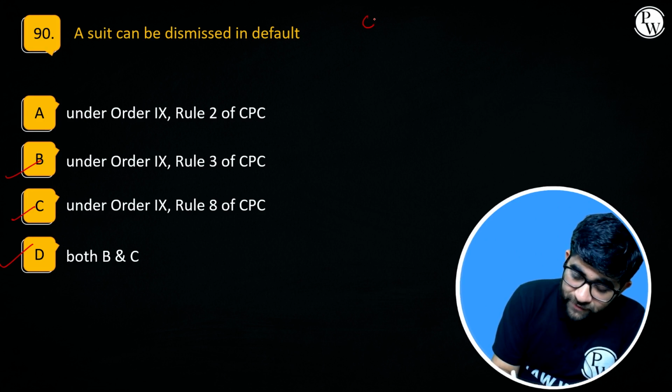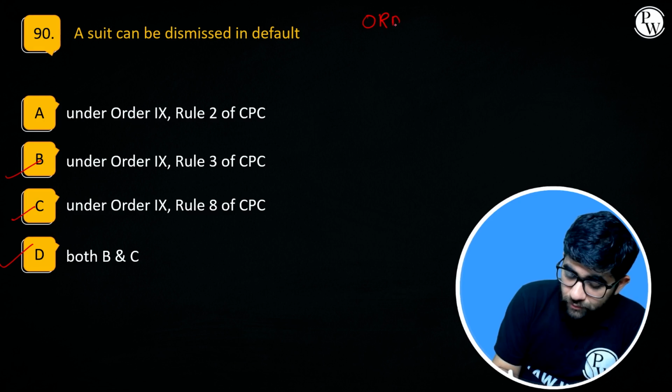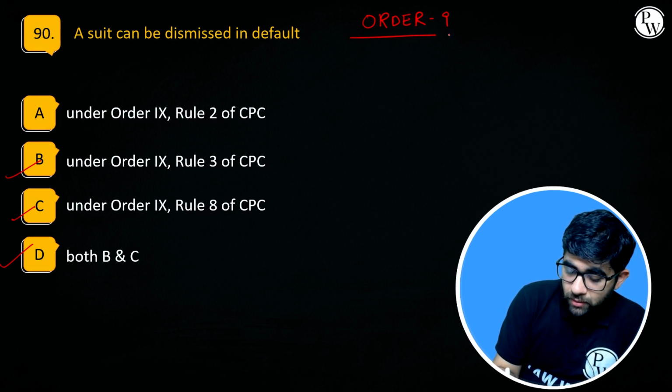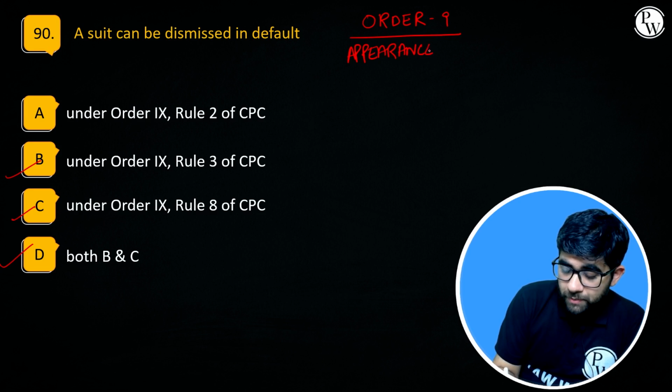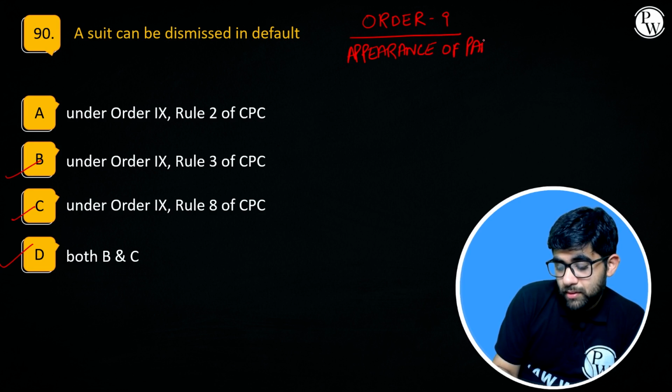Now, we will see Order 9. This is appearance of parties.